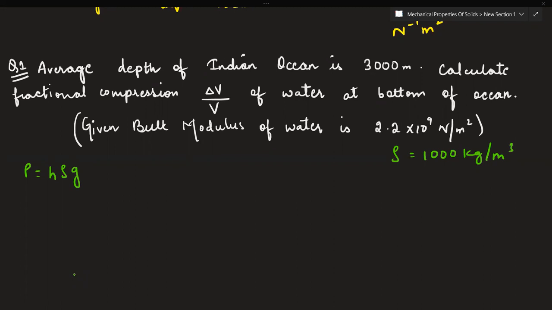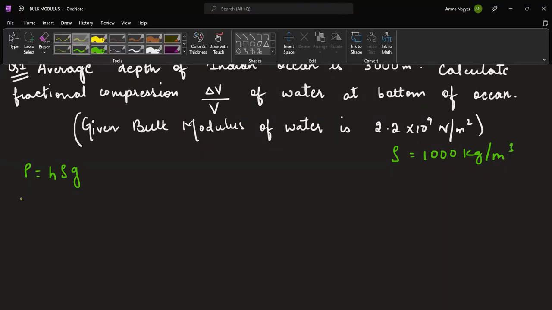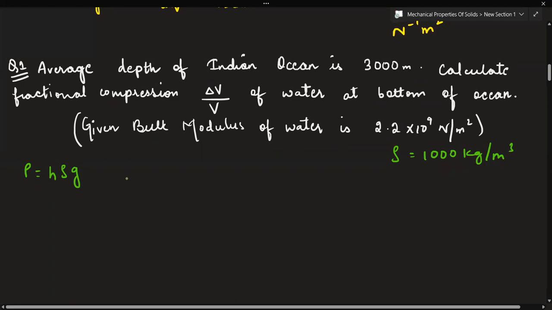Ma'am, I don't have an idea how I should do this. See, first calculate the pressure. P is equal to H rho G. What is the height given to you? 3,000 meters. What is the density?